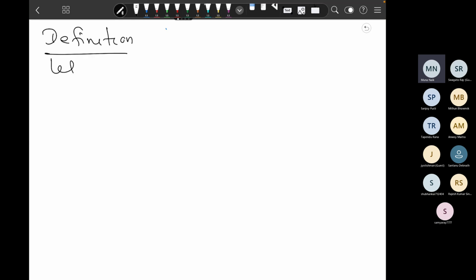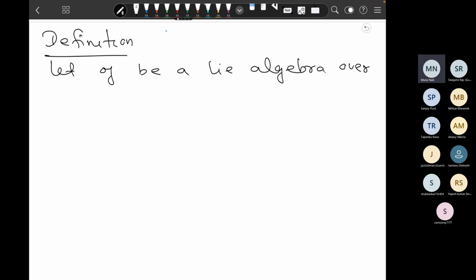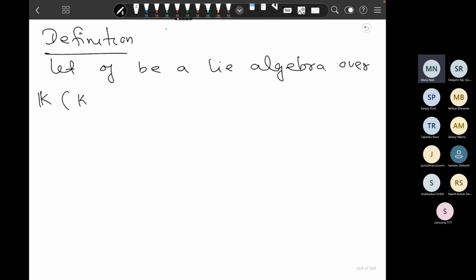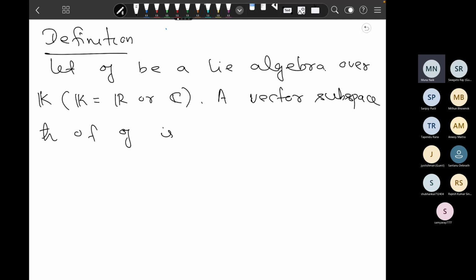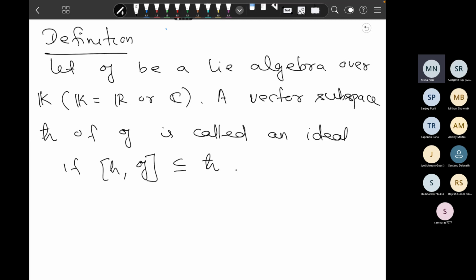Let g be a Lie algebra over K, where K is equal to R or C. A vector subspace h of g is called an ideal if this happens: the Lie bracket of h and g is contained inside h.